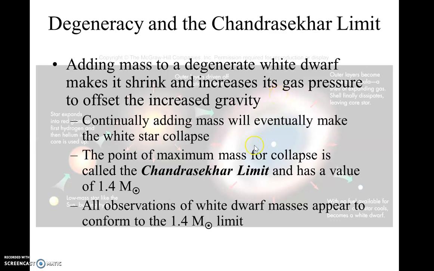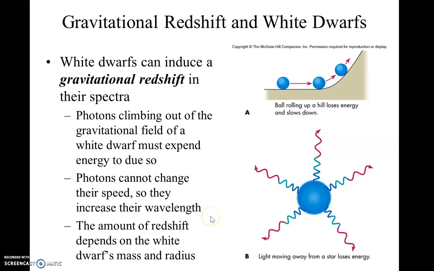All right, but you might say, well, wait a second, what if there is more than 1.4 times the mass of the Sun remaining? Like with more massive stars, for example. We'll get to that. We're heading in that direction. One of the things we notice with these white dwarfs is what's called a gravitational redshift.